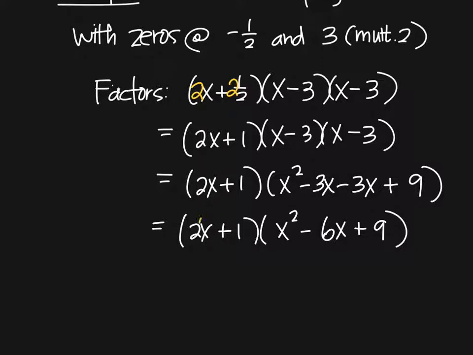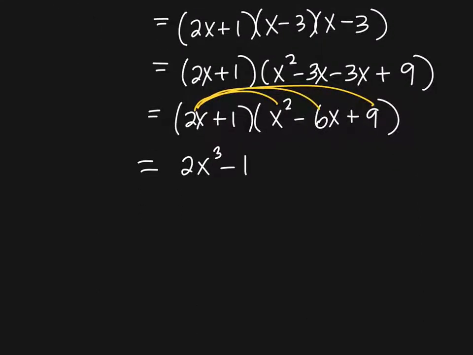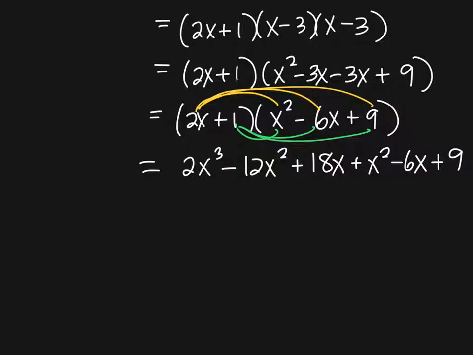So take your 2x and do it to all those pieces that come after it. So that'll give you 2x cubed minus 12x squared plus 18x. And then take the 1 and superfoil that to all the 3 pieces. So we end up with x squared minus 6x plus 9.